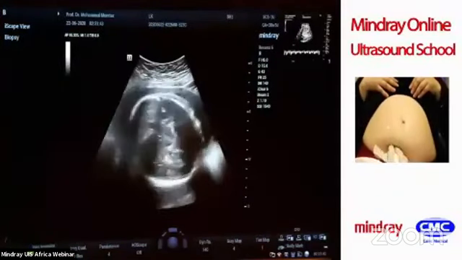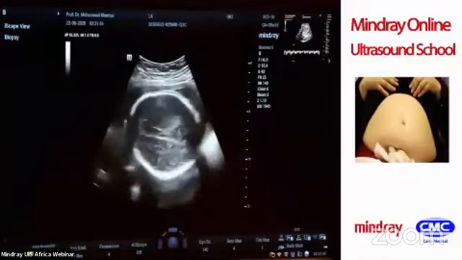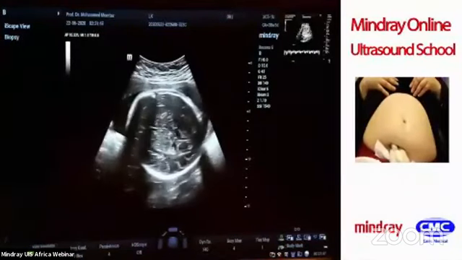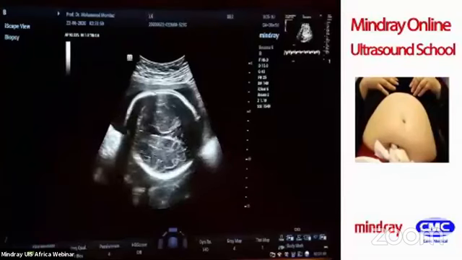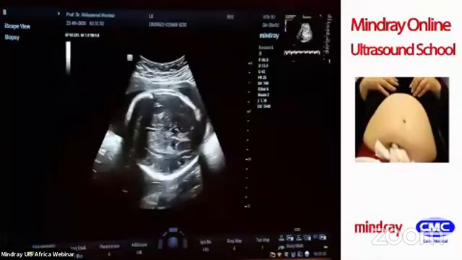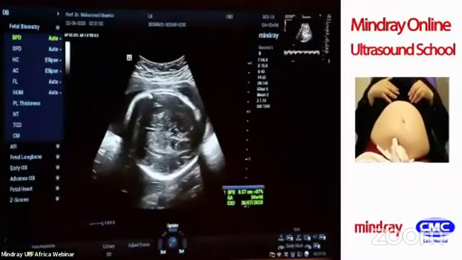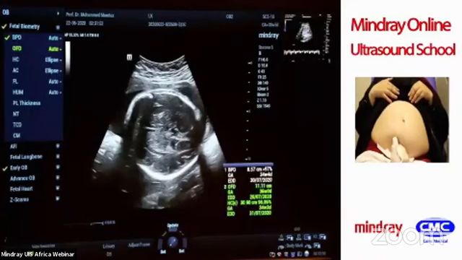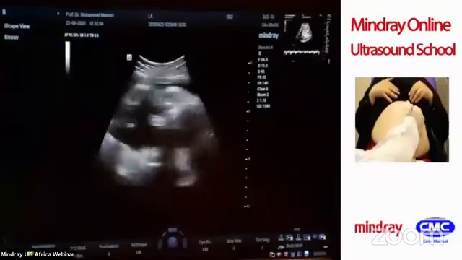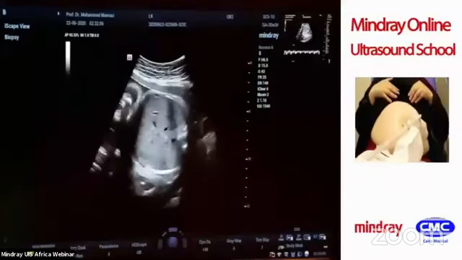This machine, the Resona 6, has the so-called automatic obstetric measurement. So we get the plane of the biparietal diameter, and we choose to do biparietal diameter, and automatically the measurement is there. Also, the occipitofrontal diameter, you don't need to trace anything, just get the proper plane. The same applies to the abdominal circumference.